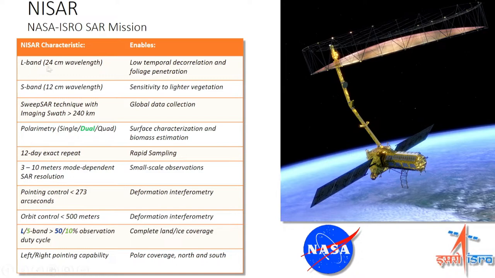L band wavelength is 24 centimeters, and S band wavelength is 12 centimeters. These two will give very crucial information about the mechanisms and subsurface phenomena which implicate the surface.